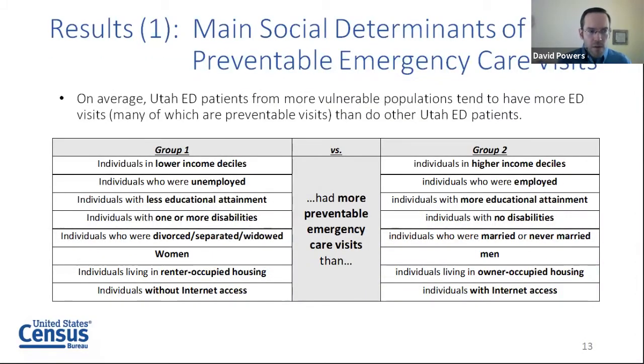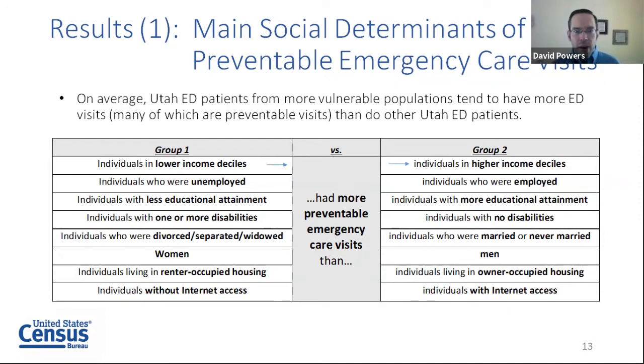So here are results and findings regarding the main social determinants of preventable emergency department visits. On average, Utah emergency department patients from more vulnerable populations tend to have more emergency department visits, many of which are preventable visits, than do other Utah emergency department patients.